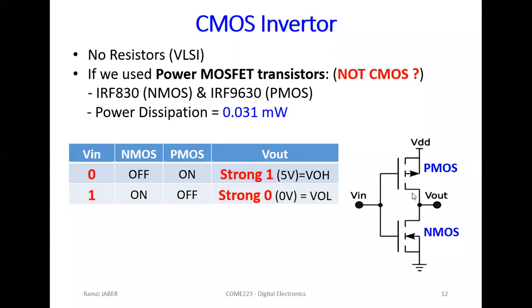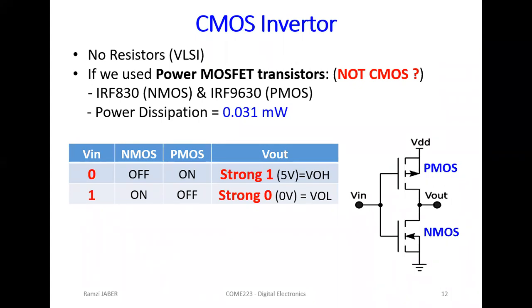And you know the power equals Ri squared. We don't have resistance here, but even if we had resistance, I equals 0, so power equals 0. That's why the big advantage in CMOS is that we don't have currents. No current, no power, or almost zero, negligible power.